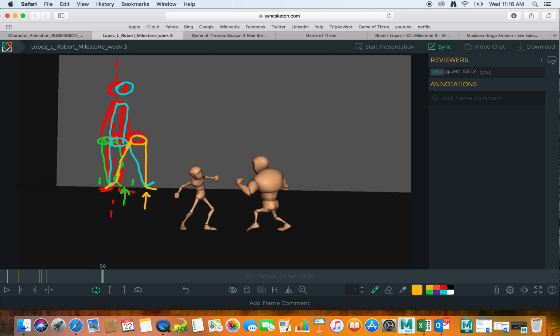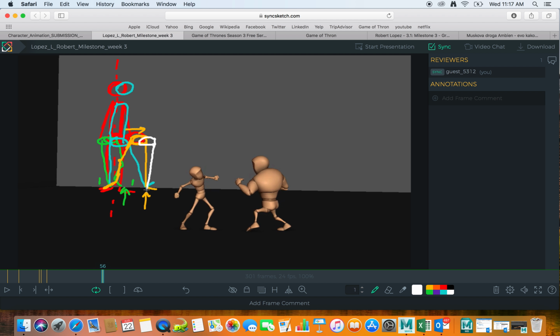This one can go on the toes now as he's lifting it, pulling by his hips, moving this way. In order to completely lift it, he has to move his hips a little bit beyond here.